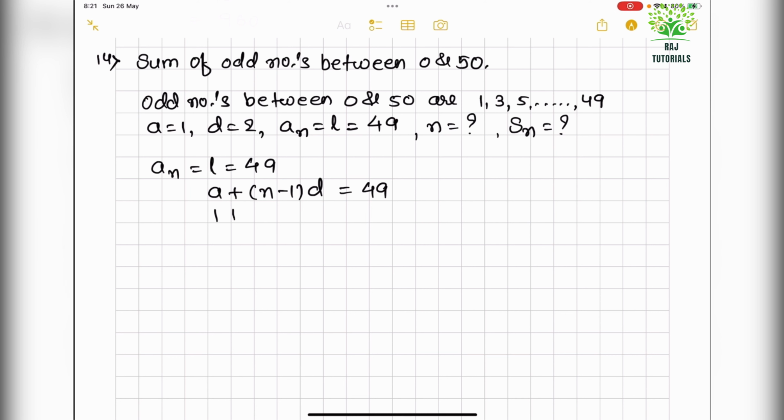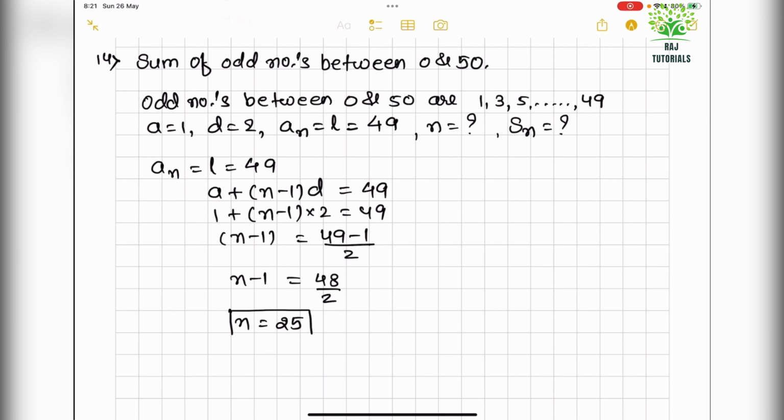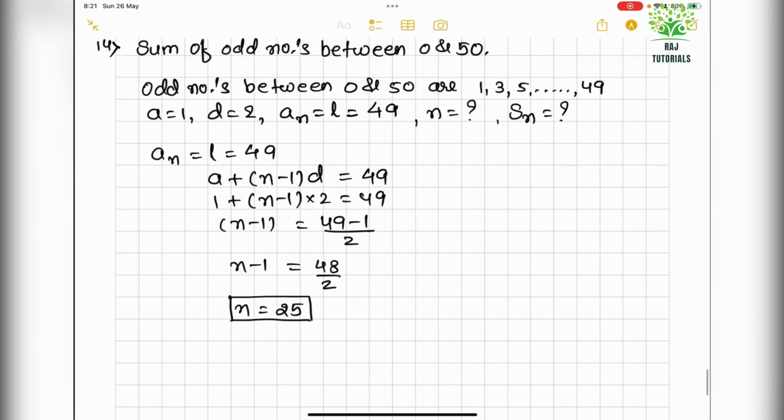Putting the values, 1 plus n minus 1 into 2 equal to 49. So n minus 1 will be equal to 49 minus 1 divided by 2. So n minus 1 equal to 48 by 2. So n equal to 25. Now I know that I will get 25 terms between them.